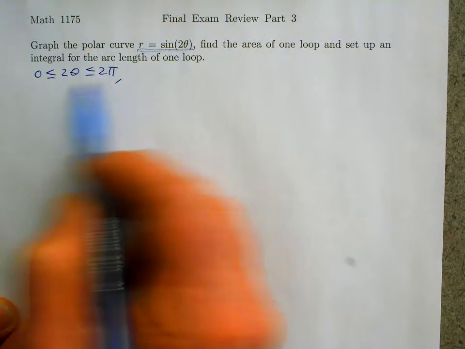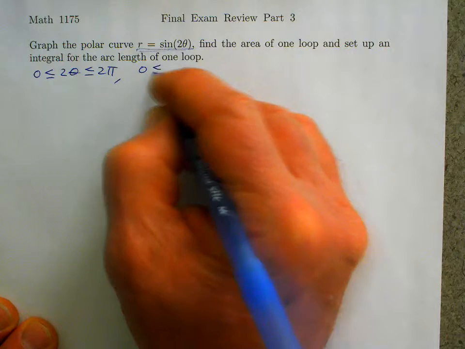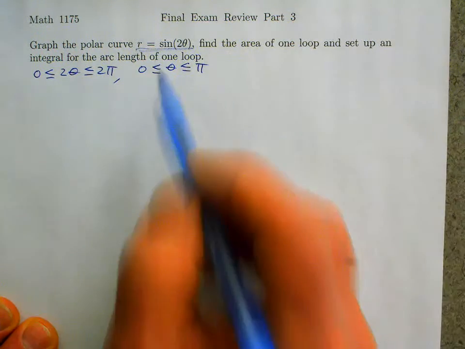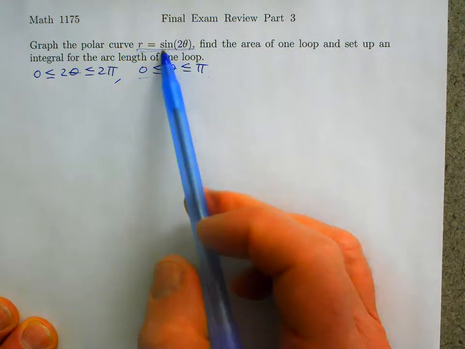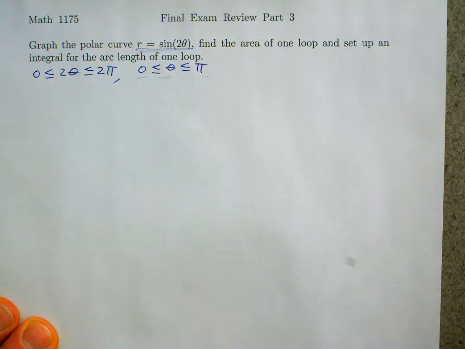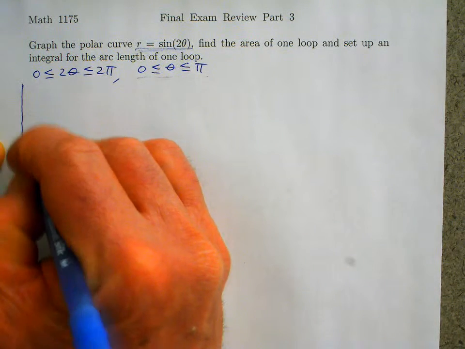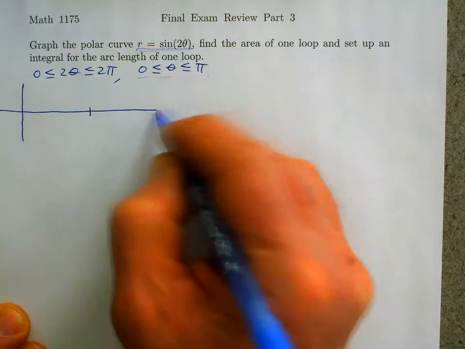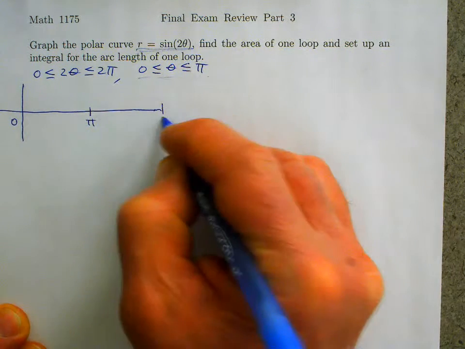If I solve for theta, divide all 3 parts by 2, I get 0 less than or equal to theta less than or equal to pi. This tells me what one period of that particular sine function is, between 0 and pi. So Cartesian graph first, but we're going to go all the way from 0 to 2 pi.